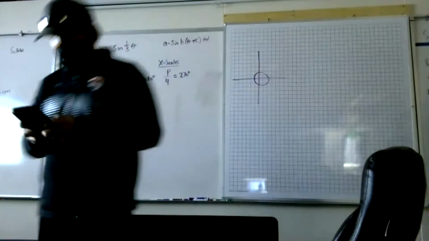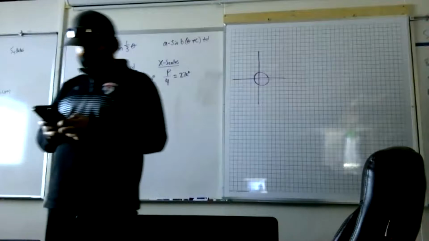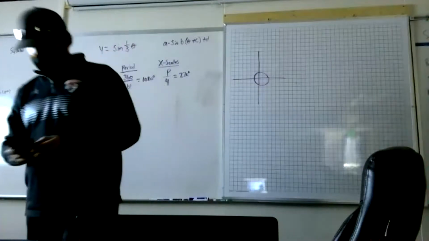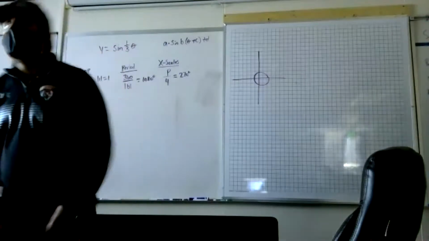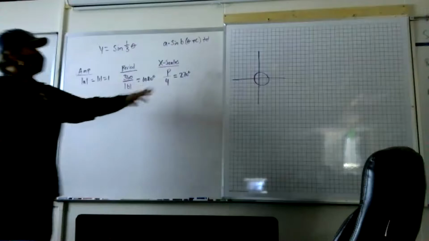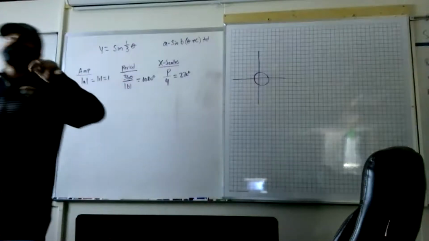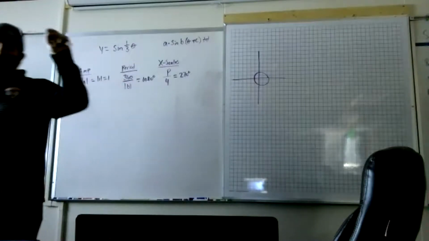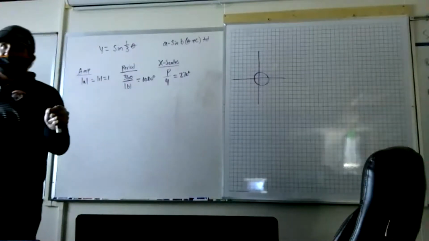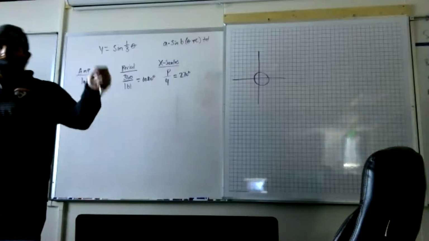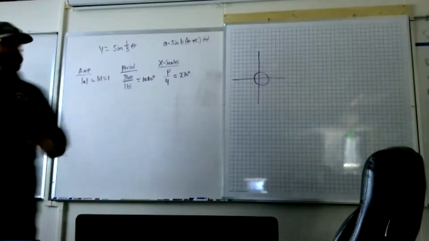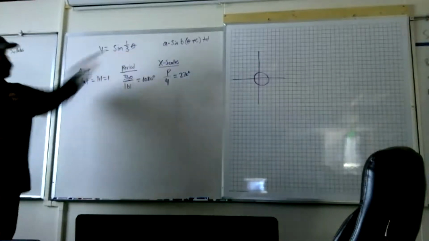Double check myself to make sure I'm right. Okay, yep. So this is the location of my critical points. Where it touches the midline, where's the maximum? Where it touches the midline, where's the minimum? Where it touches the midline again. Remember, we're dealing with the sine function, so it starts on the midline.